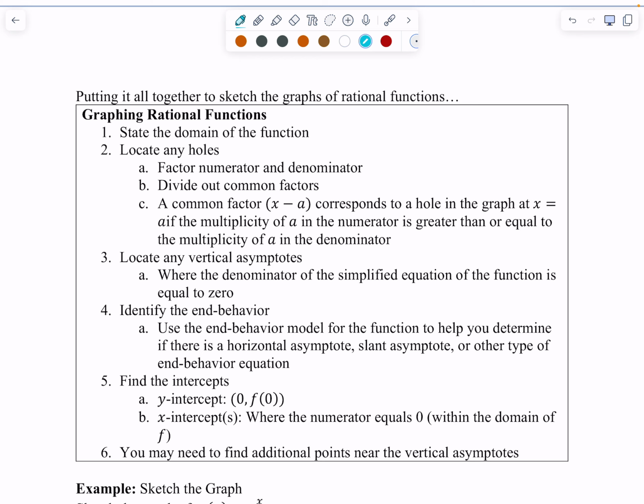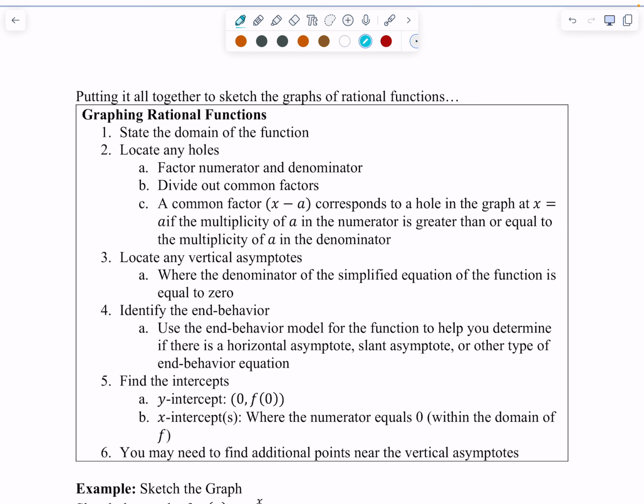And once you get into the transcendental functions, you're able to fall back on these different skills of identifying x-intercepts, end behavior, points of discontinuity, right, like domain restrictions, in order to figure out what those graphs look like, okay?